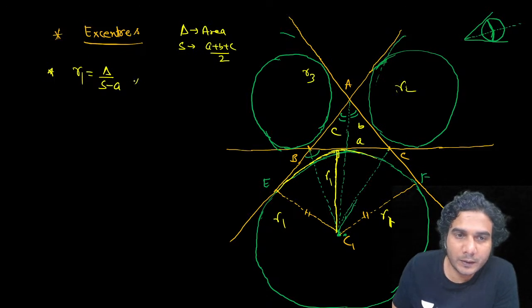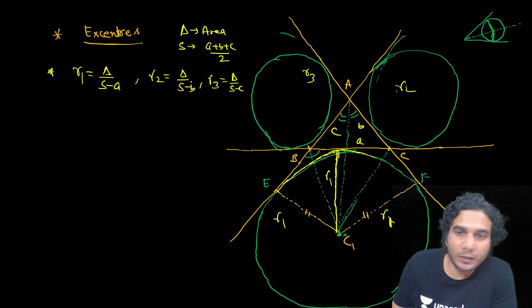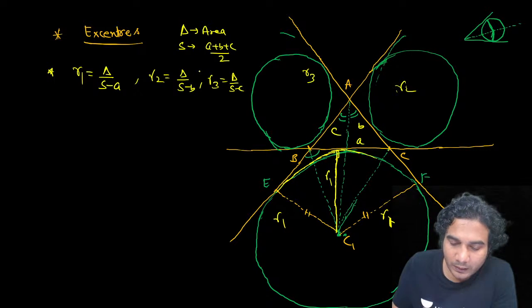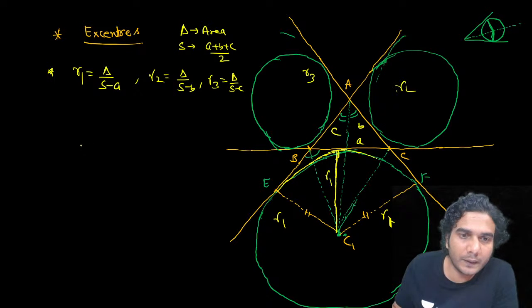So this is the formula for R1. For the excircle touching AC, the radius R2 is equal to delta upon S minus B, and R3 is equal to delta upon S minus C. Okay. And excircles obviously will always lie outside the triangle, like the incircle is always inside. The excircle is always outside.